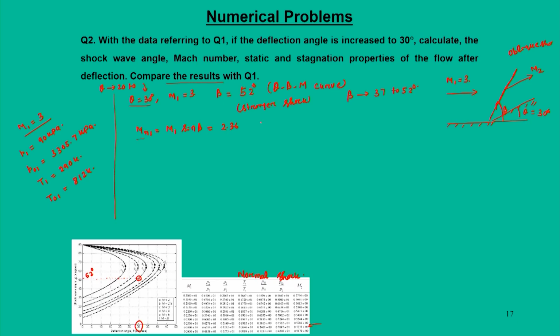This will give you Mn2 is equal to 0.5286. Once you know Mn2, we can calculate M2.